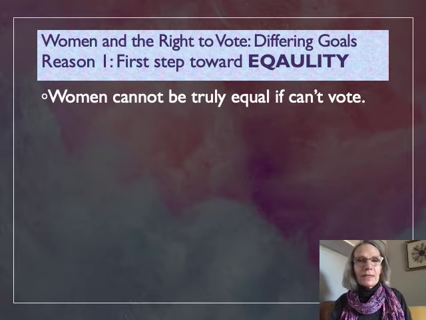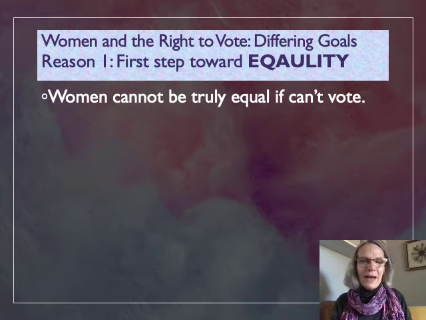And from this perspective, they say, look, women can't truly be equal if they can't vote, right? You live in a democracy. People get a say in their democracy, and if you don't have that say, then one, you're viewed as a second-class citizen and not a full participant in this democratic experiment.